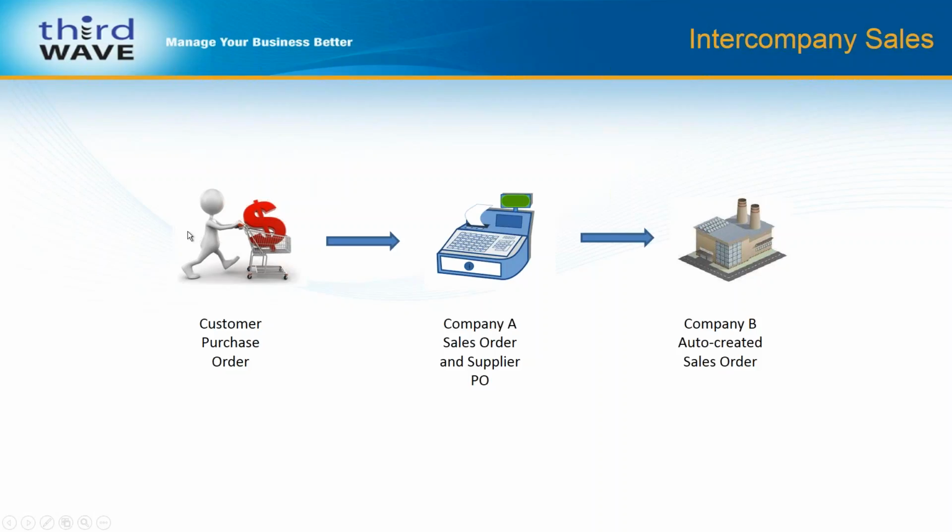So the simple scenario in this case is my customer, the guy on the left, sends me a purchase order. I want to put the sales order in SAP, use the procurement generation wizard to create the PO to this company, and then have this company automatically create my related sales order to me.